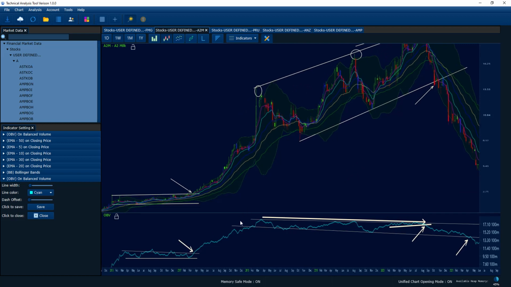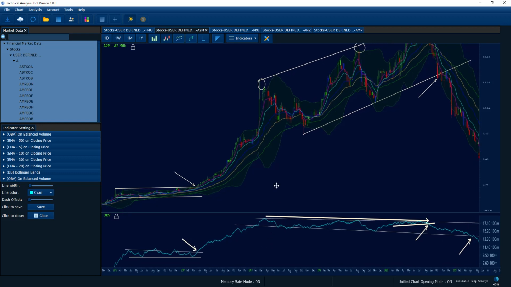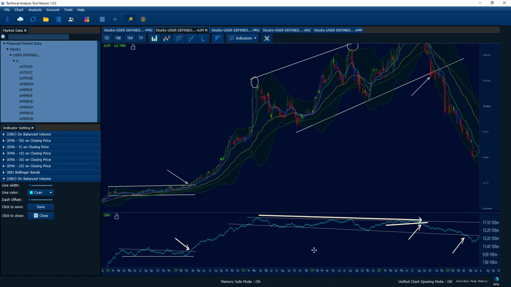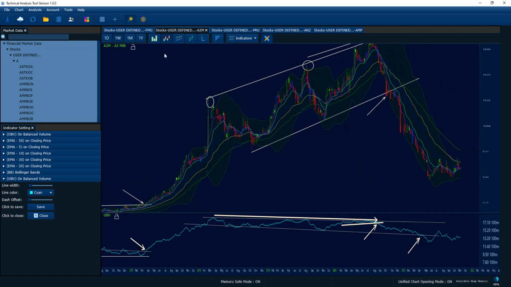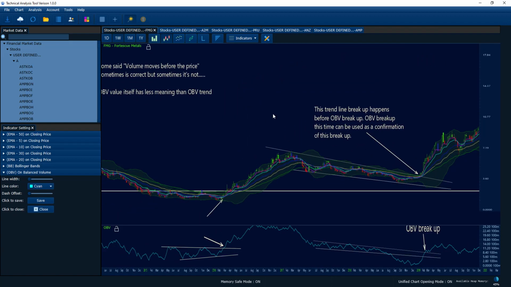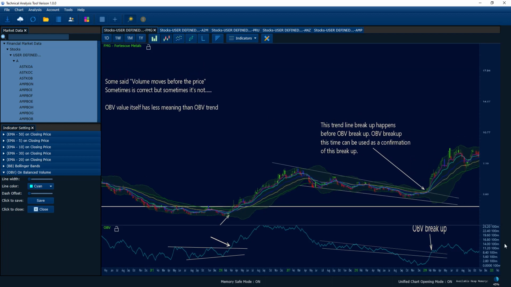Another thing is we try to use the trend line, and you can do all the analysis on the OBV line. The OBV line can sometimes give us good pre-warning, but not always, because I already showed you guys some examples. And yeah, okay, so I think that's all the contents of this tutorial.